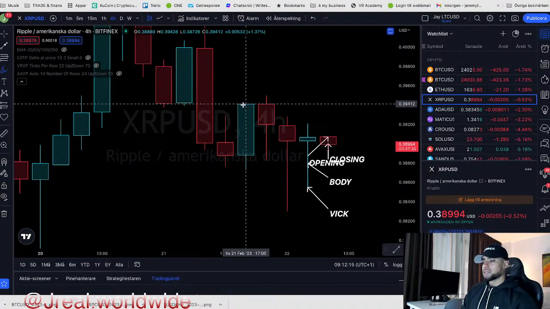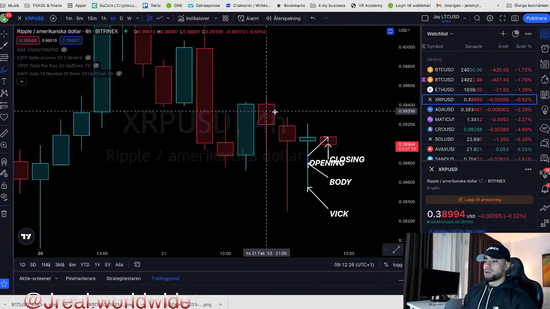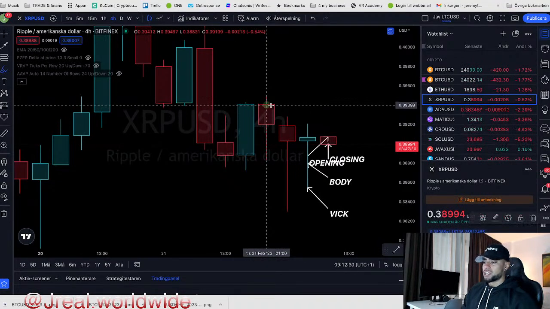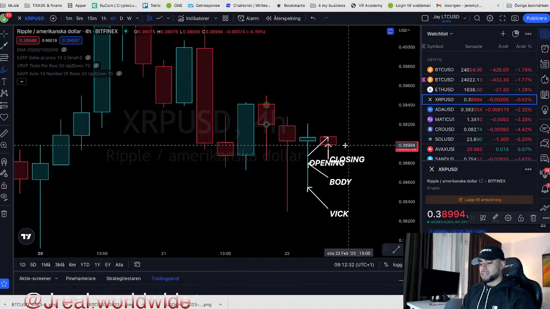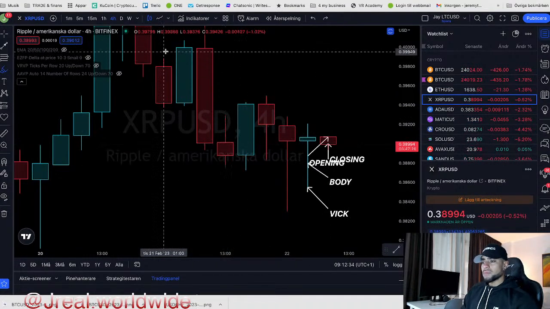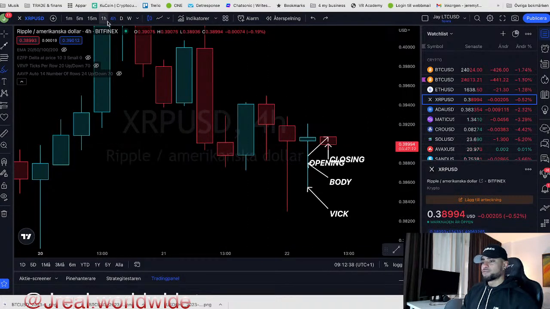All right. And where it closes after those 4 hours, if it's a bullish candle, that's the top of the body. If it's a bearish candle, it's the bottom of the body, for the open and close range. So it opens here, closes here, all right? So if it's a 4 hourly time frame, the candle body represents 4 hours.